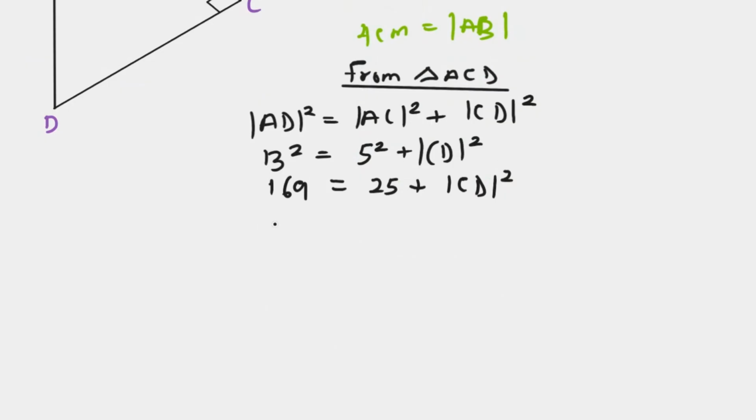So we're going to get 169 minus 25, and that is equal to CD squared. So 169 minus 25 will give us 144. That is equal to CD squared.